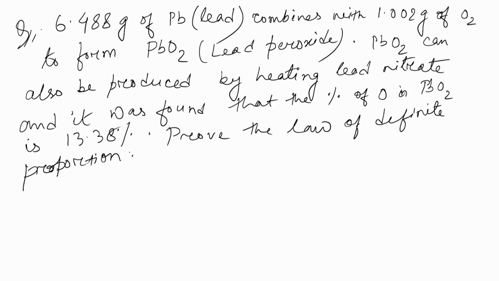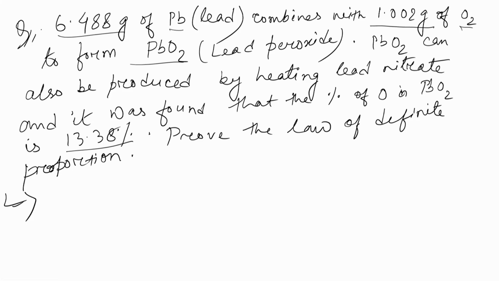Okay. So, what is the question? 6.488 grams of lead combines with 1.002 grams of oxygen to form lead peroxide. So, lead peroxide can also be produced by heating lead nitrate, and it was found that the percentage of oxygen in lead peroxide is 13.38%.